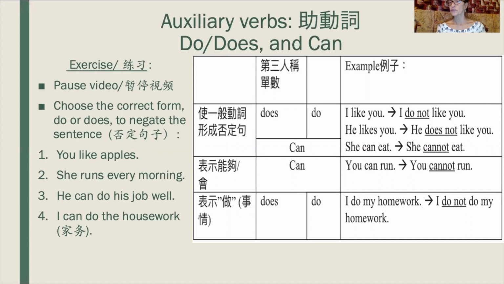These are used when you're turning a sentence into a negative. We always use the word not, and it's going to appear everywhere, but this is how you do it. So, I like you.